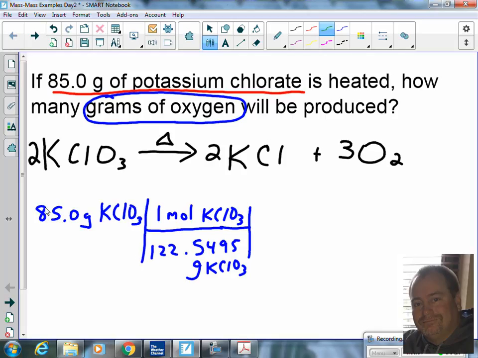So, I need to double check. Do I have units that will cancel? Yes, I do. I have grams there. I have grams of potassium chlorate there. So I've now converted this into what? Moles of potassium chlorate.